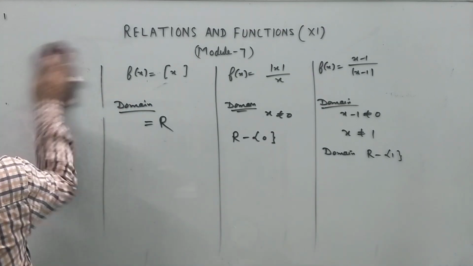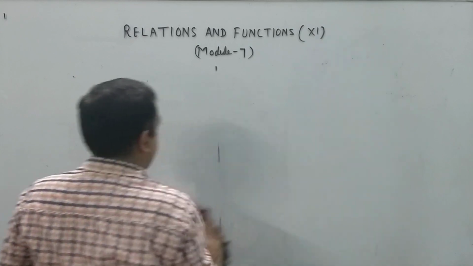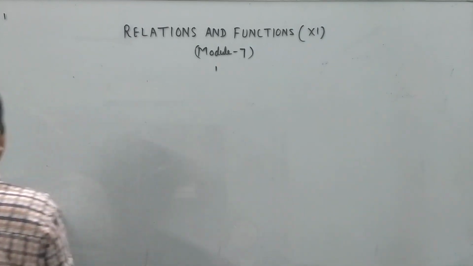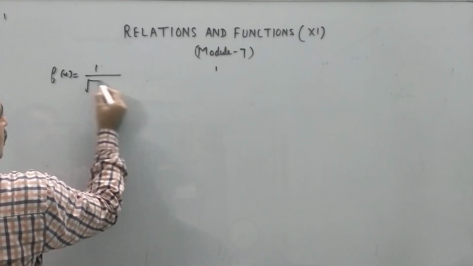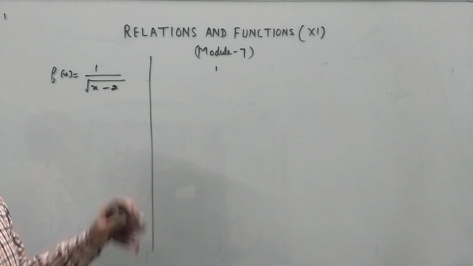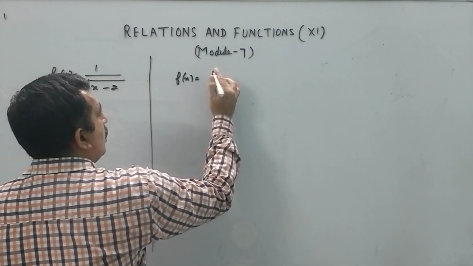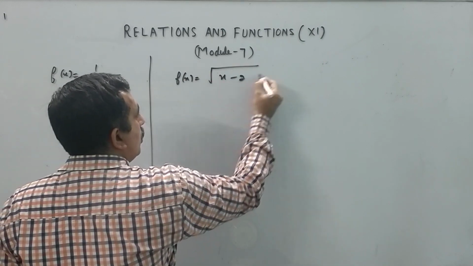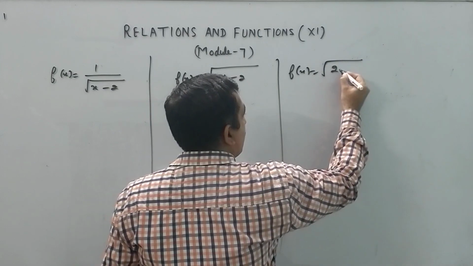Next thing. Suppose the question is f(x) equal to 1 upon under root x minus 2, or f(x) equal to under root x minus 2. It may be x minus 2, it may be 2 minus x.